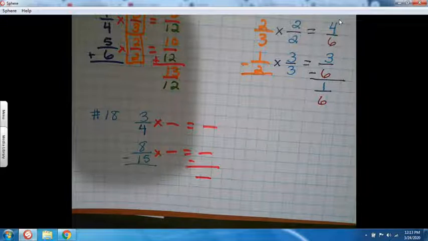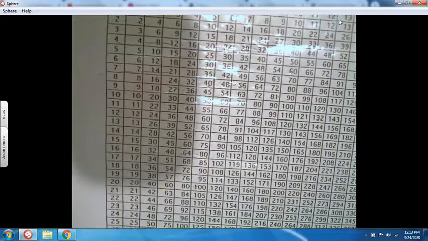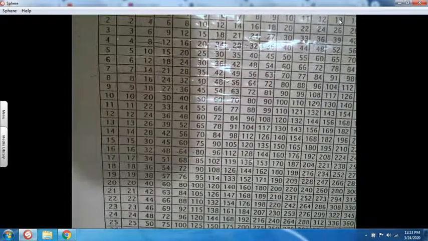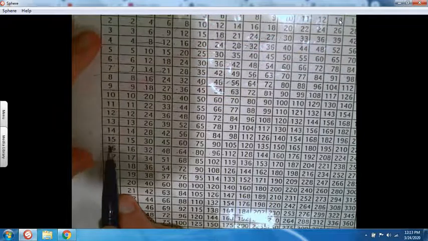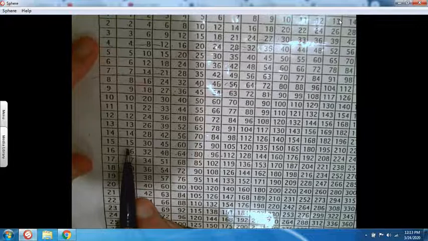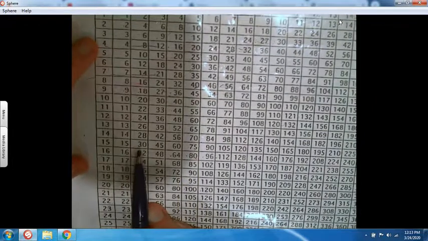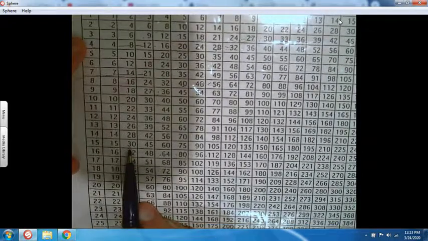We've got two new race cars here, the 4 and the 15. So let's look at the 4 race car and the 15 race car. So the 15's faster, we know that. What's the first number in the 15 row? 15. Is there a 15 in the 4 row? Nope. What's the next number? 30. Is there a 30 in the 4 row? Nope. 45.